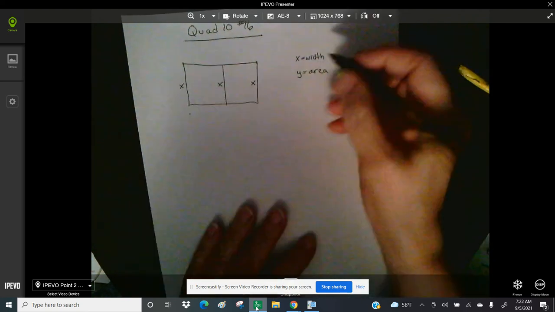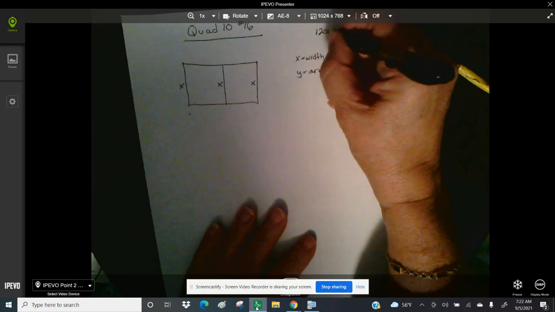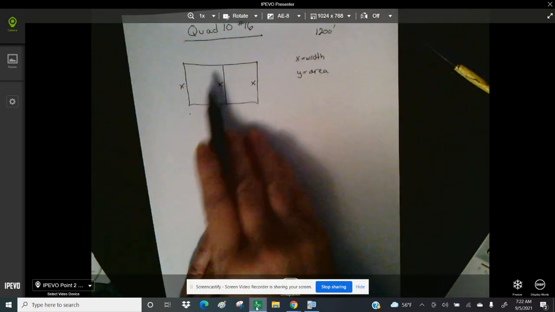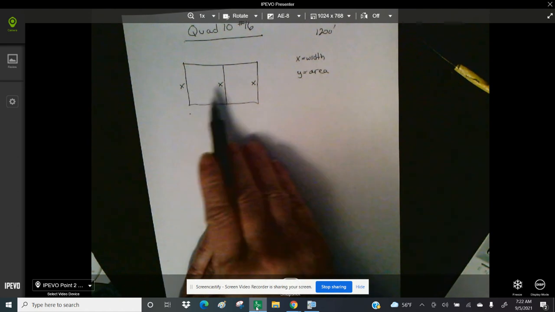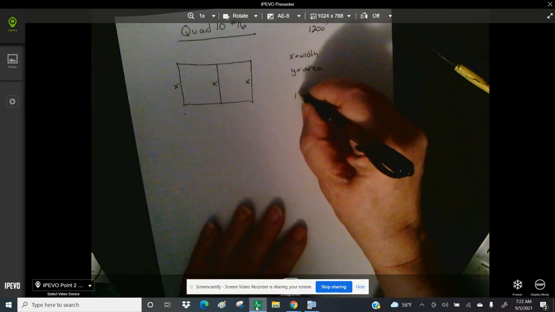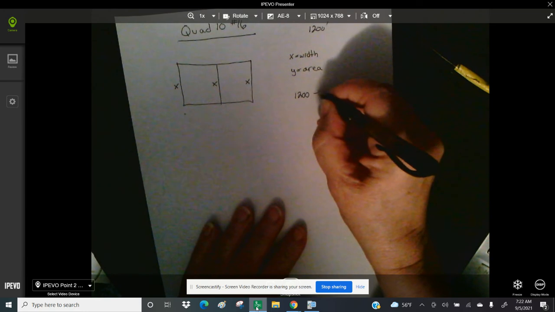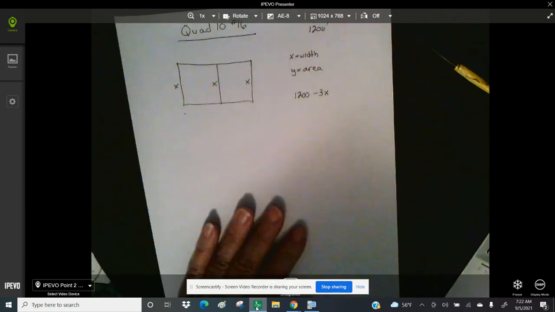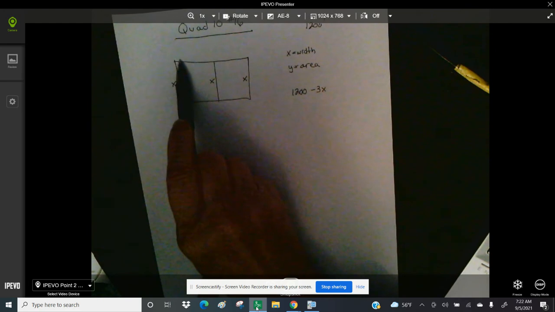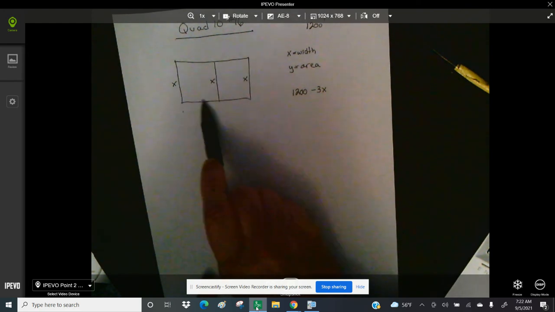All right. Well, I have 1,200 total feet of fencing. That's what I have. But I've already used up x, x, and x. So I've already used up 3x worth of fencing. So what I have left is 1,200 minus 3x. That's how much fencing I have available. But I have to put that fencing here and here.